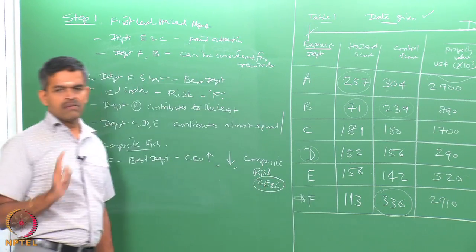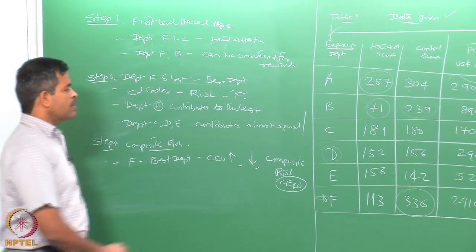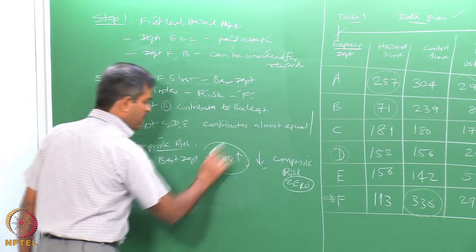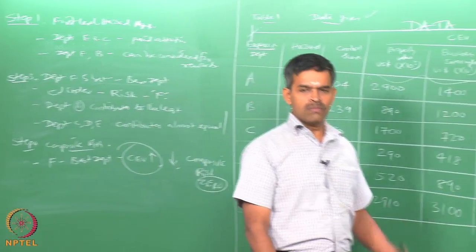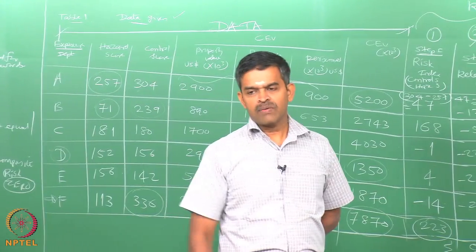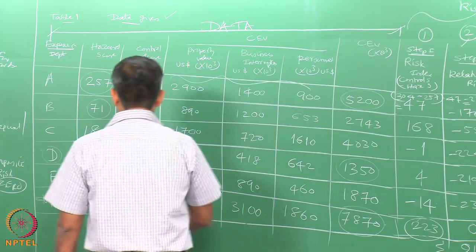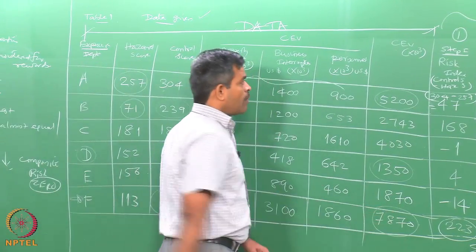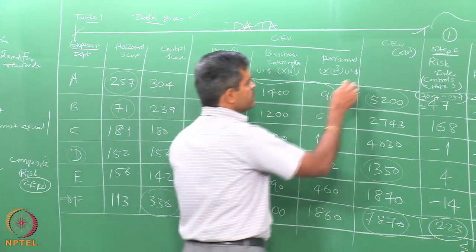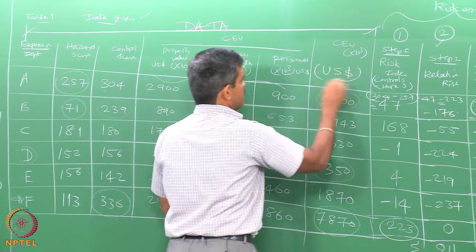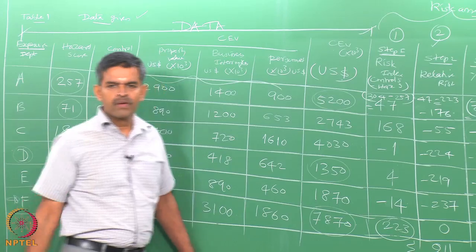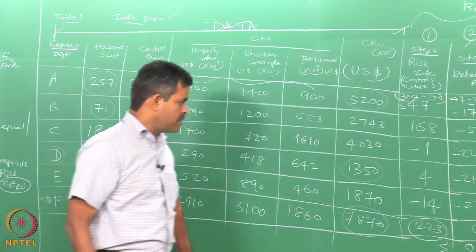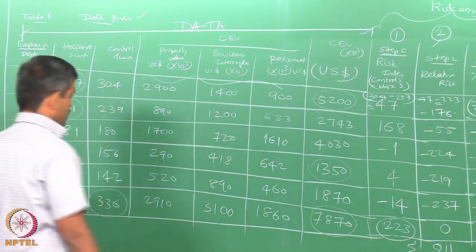But please understand, the question is, why has the composite risk become 0 even though the department had a very high composite exposure value? Even though the department had a decently high composite exposure value in US dollars, multiplied by 10 power 3, why has the composite risk become 0? Okay. Think it over, it is very easy, from the inference you can easily find that out.